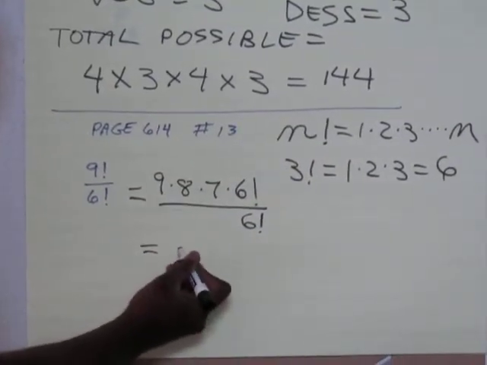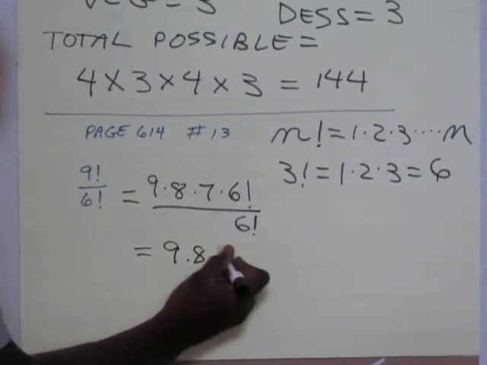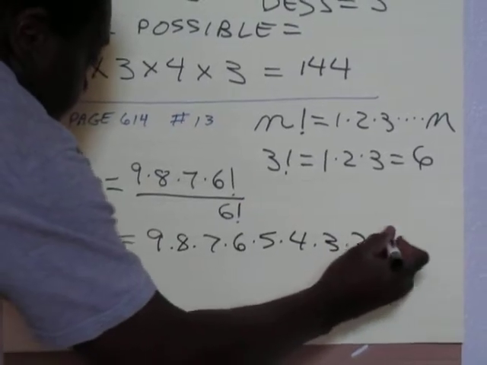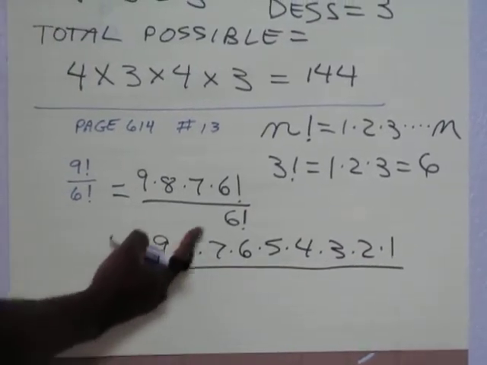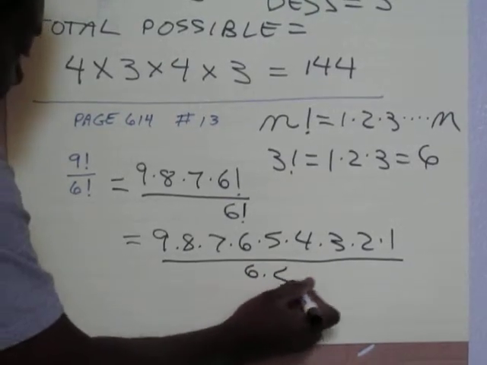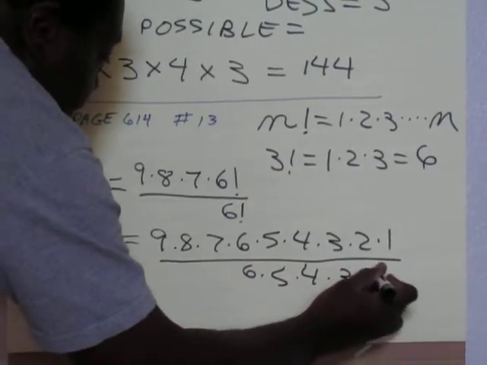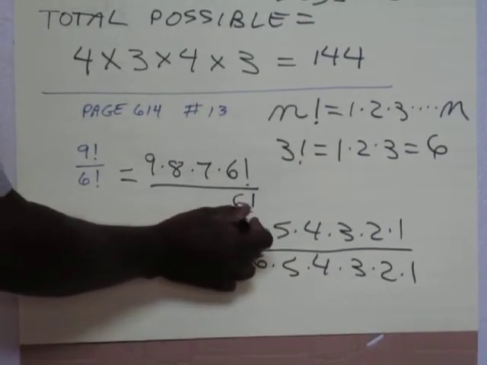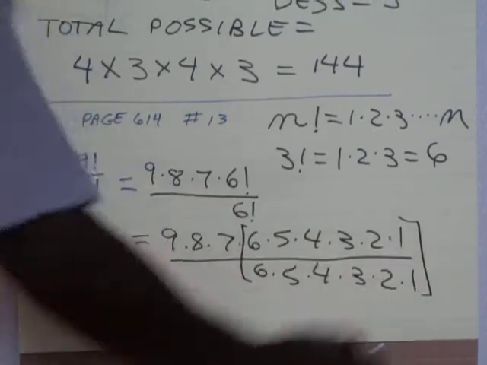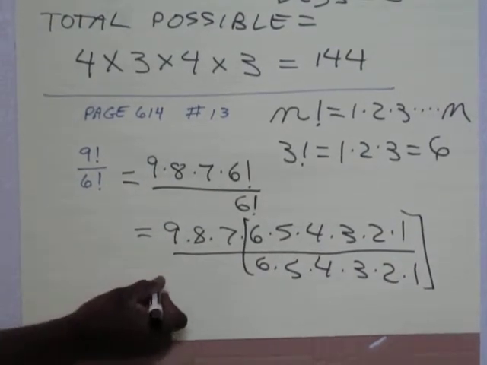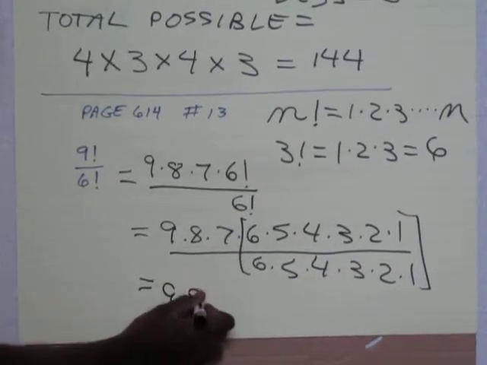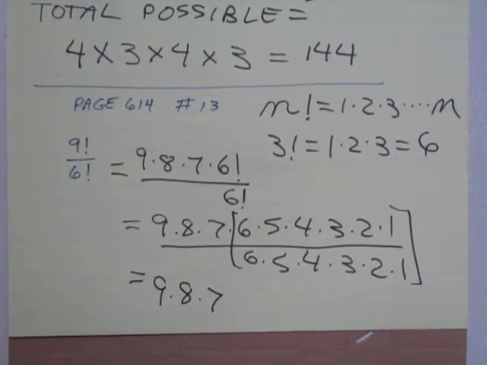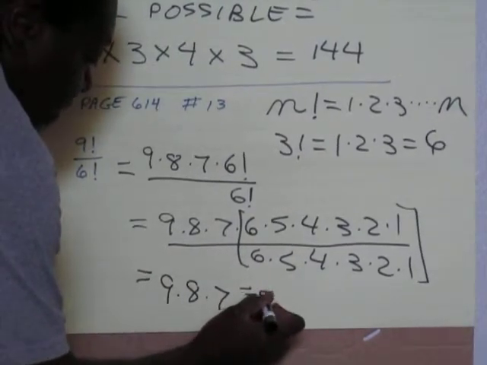Let me go one step further. 9, 8, 7, 6, 5, 4, 3, 2, 1. 6 factorial is 6, 5, 4, 3, 2, 1. And you'll notice all of these factors will cancel out. What's left is 9 times 8 times 7, which is 504.